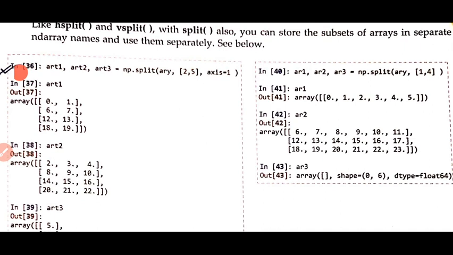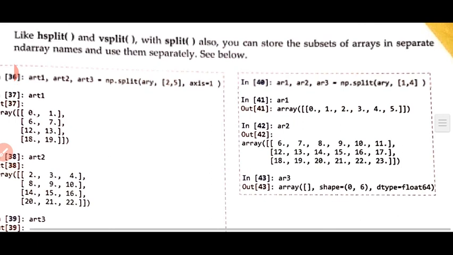So it will do the division on axis 1, and because we know a split function is doing 3 partitions, all 3 partitions will be saved in ART1, ART2 and ART3. Very good.